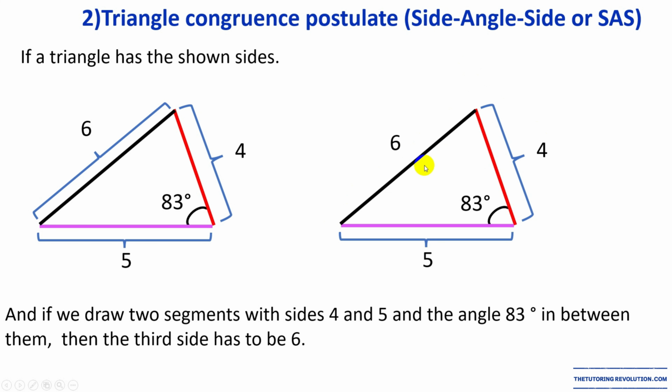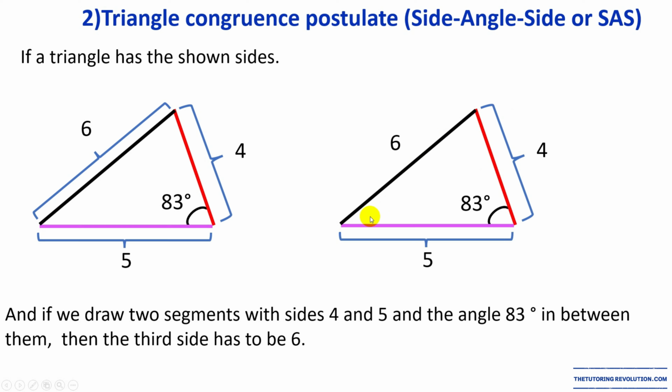So yes, if we do that, if we draw these two sides, 4 and 5, and the angle in between them 83, the third segment, this side of the triangle, has to be 6, right? There is no way that we can draw a 4 and a 5 and 83 degrees in between and generate a segment in between these two points that is going to be different than 6.